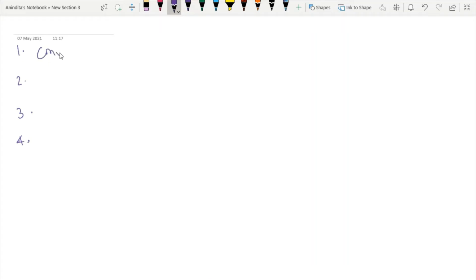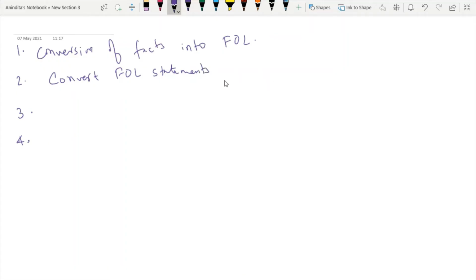So I'm just writing the algorithm steps. First is conversion of facts into first order logic. Second, convert FOL statements into conjunctive normal form. And the third step is we have to perform negation.